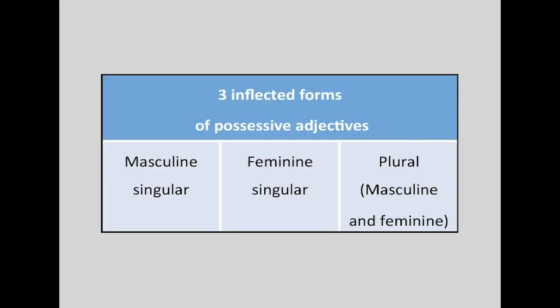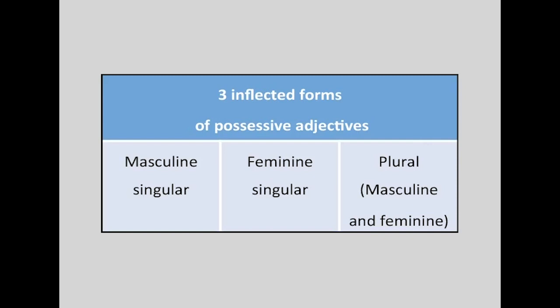So the same logic is used with possessive adjectives also. In French, almost all possessive adjectives have 3 inflected forms: masculine singular, feminine singular, and plural, masculine and feminine.